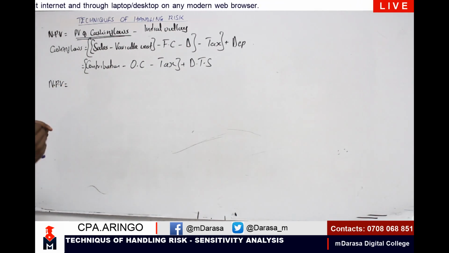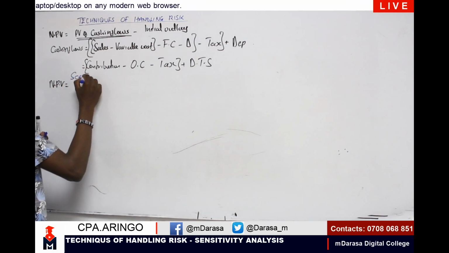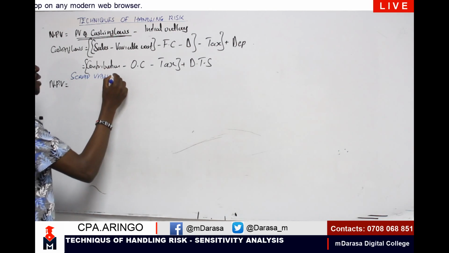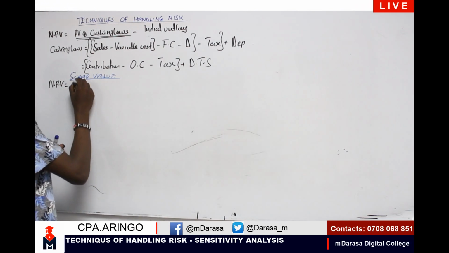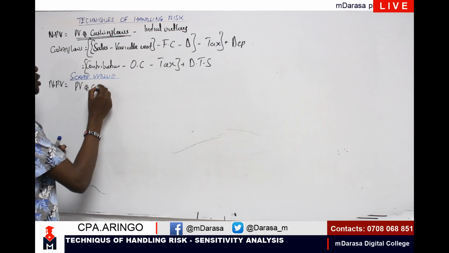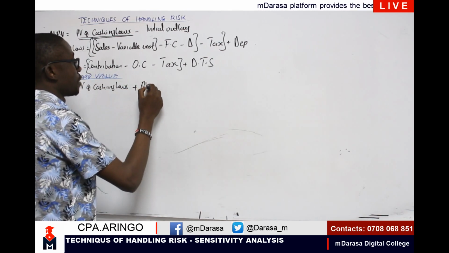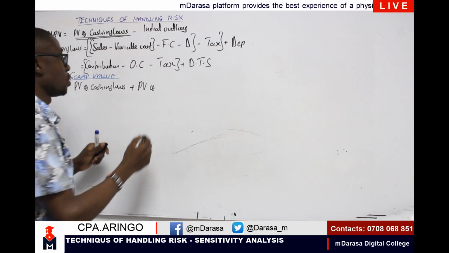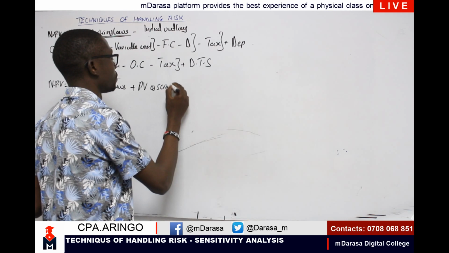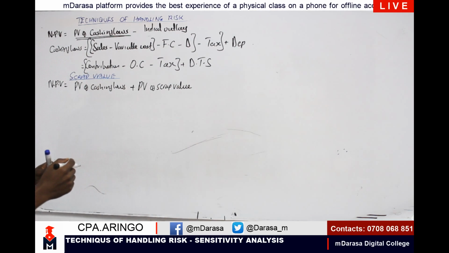So whenever we have scrap value at the end of the period, to determine our NPV I'm going to take our present value of cash inflows, and add the present value of the scrap value.